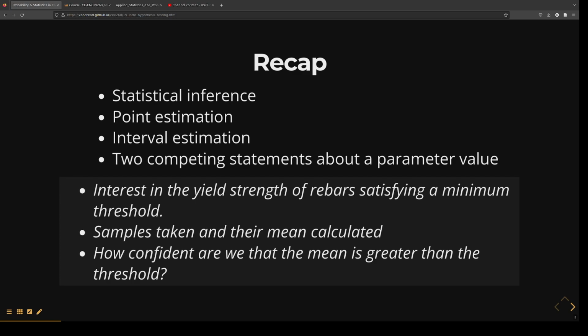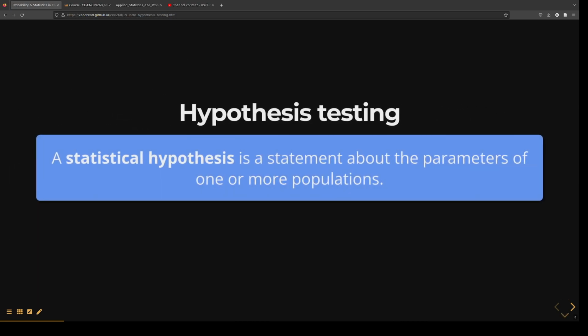So this is similar to deriving the confidence intervals, but it's posed in a different way, where, again, we can try to answer the question of which of two competing statements is supported by data and which isn't. And that's what's called hypothesis testing.